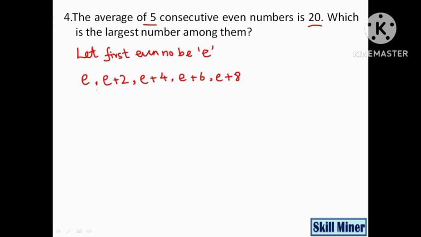the average of 5 consecutive even numbers is 20. So average value will be last one plus first one divided by 2.